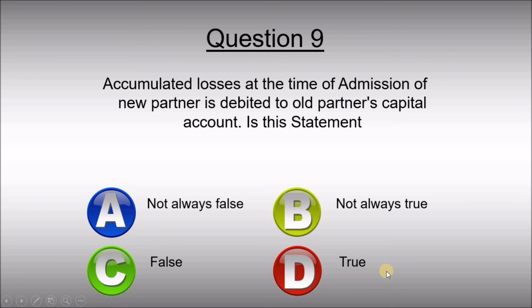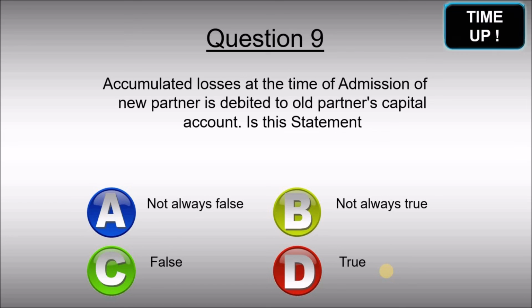And your time starts now. According to the rule of debit and credit applicable to capital account, if anything decreases the partner's capital account, it is debited. So this statement is true.